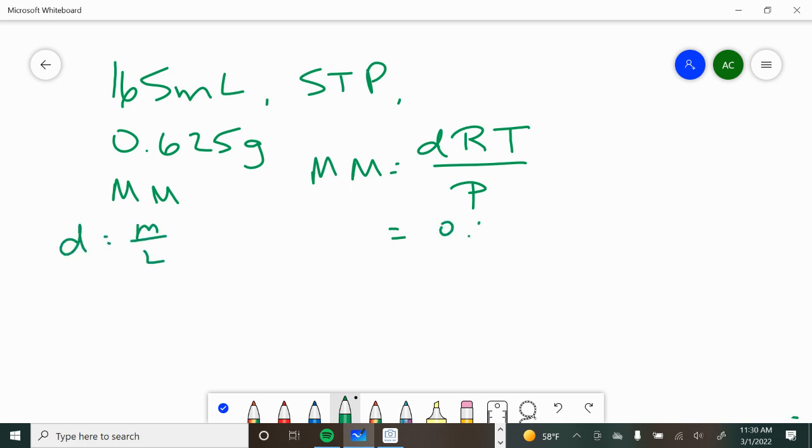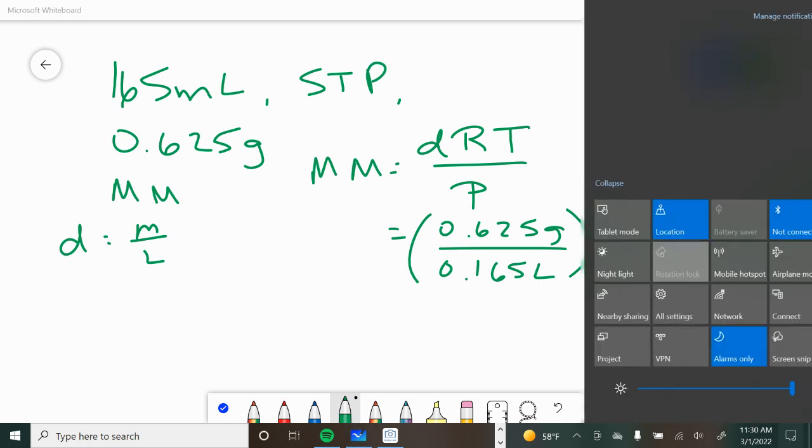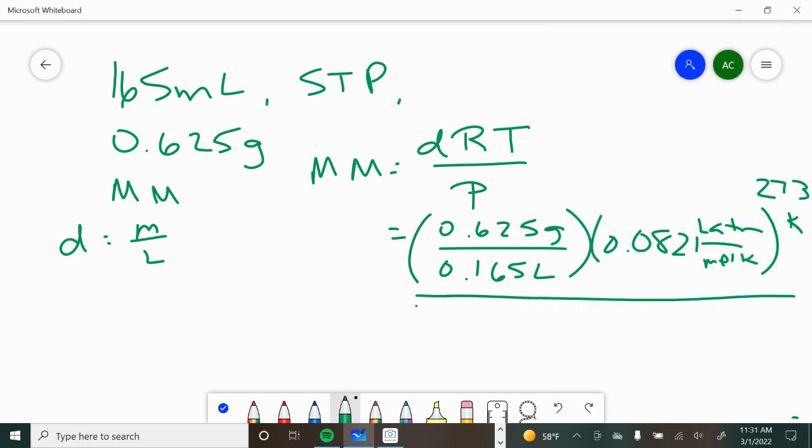So 0.625 grams divided by 0.165 liters. R is 0.0821 liter atmosphere per mole Kelvin. And then my temperature is 273 Kelvin because I'm at standard temperature. And standard pressure is 1 atmosphere.